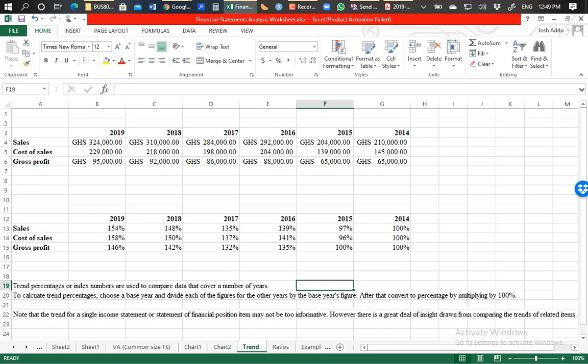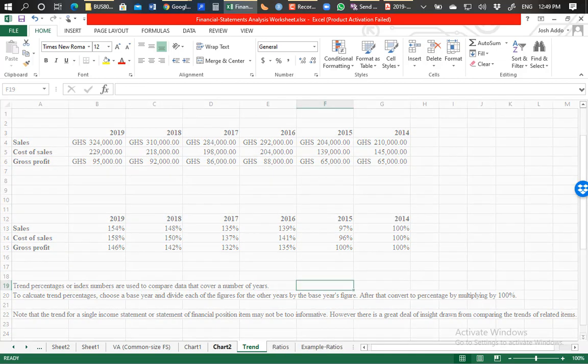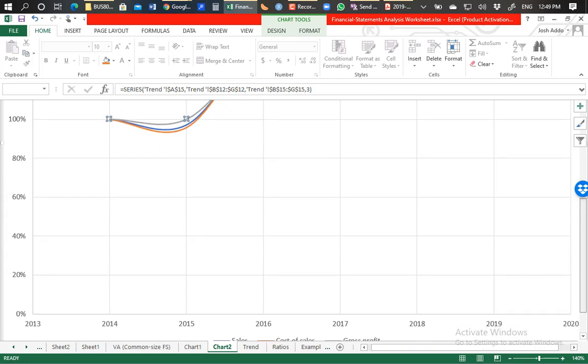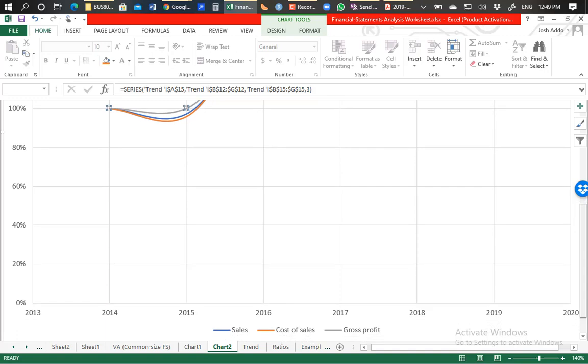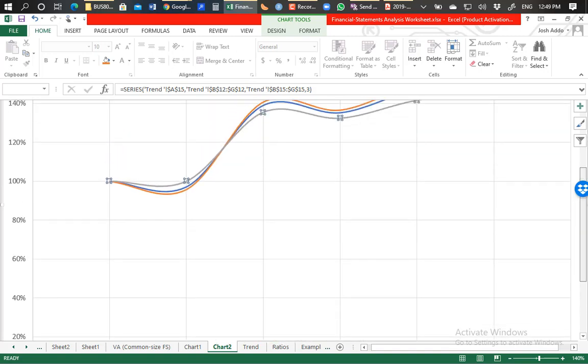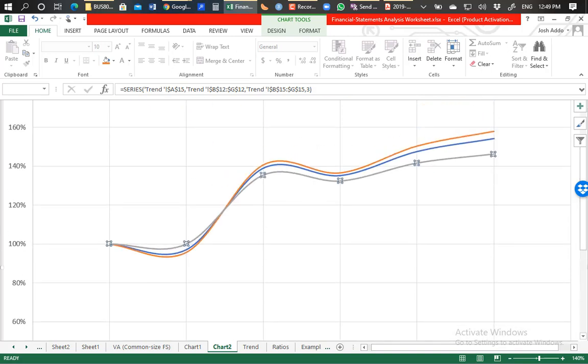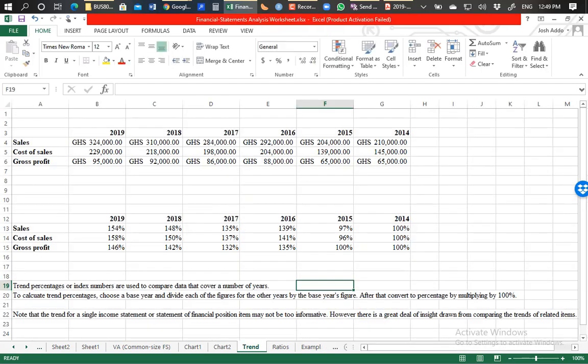Okay, let me see the graph again. Yeah, so that is what the graph is revealing. Quite the same as what the figures are also speaking.